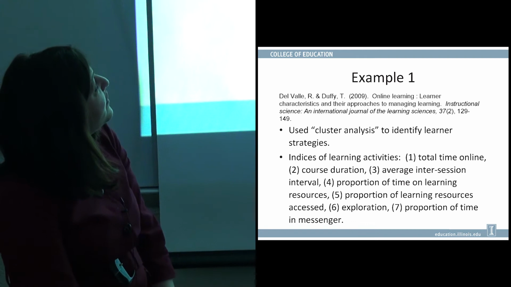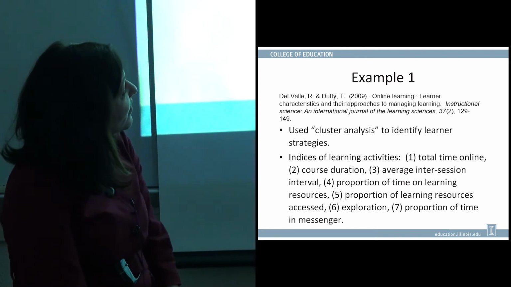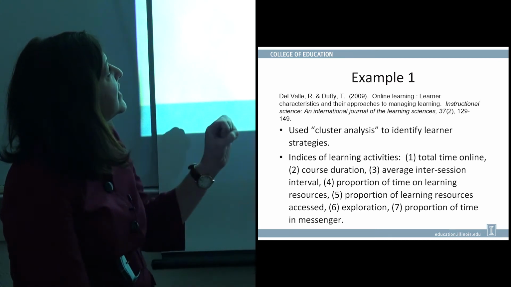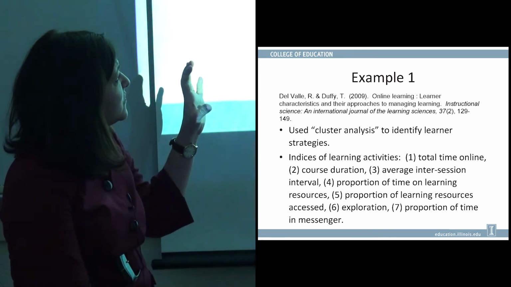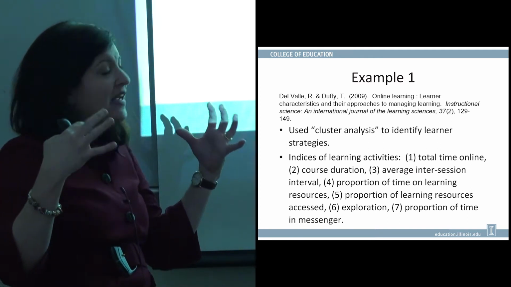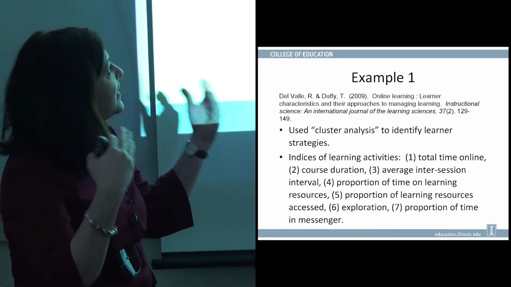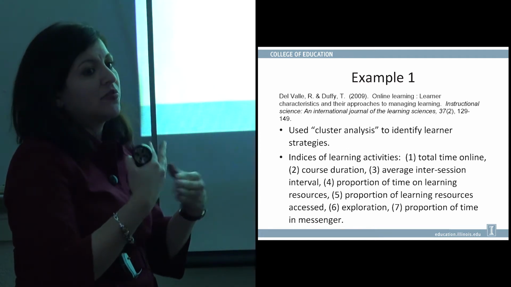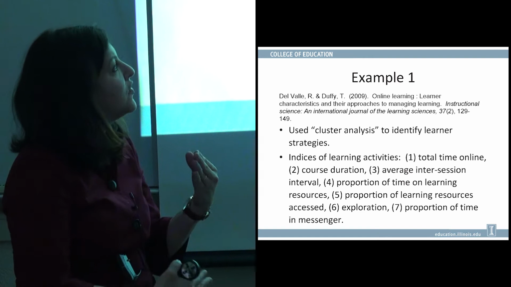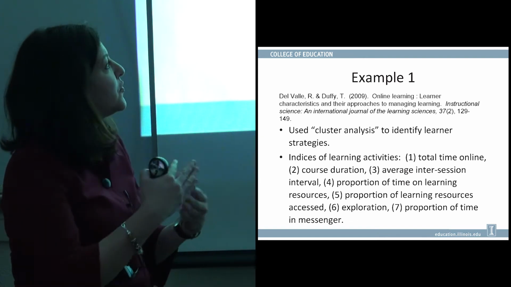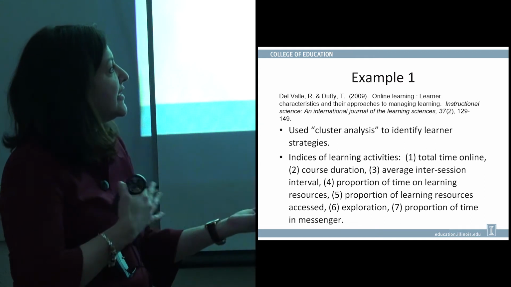So, for example, I found this study where they did cluster analysis. They had all this data that is like an index or a proxy for student learning activities: the total time online, the course duration, the average session, the proportion of time on learning resources, the exploration.